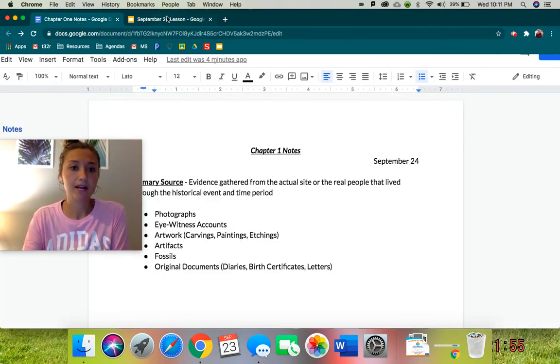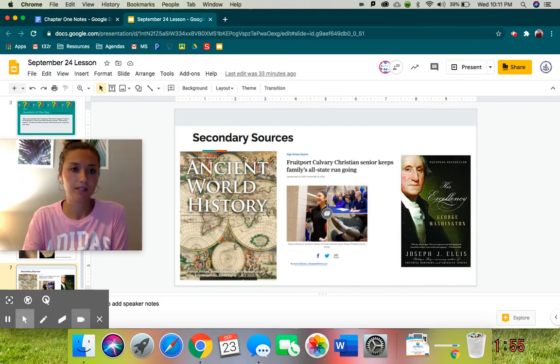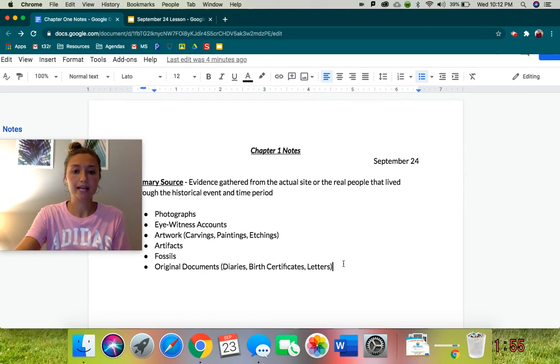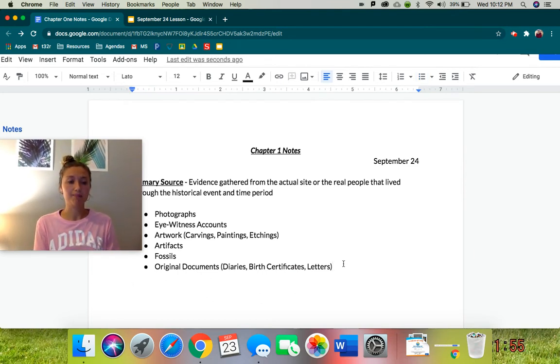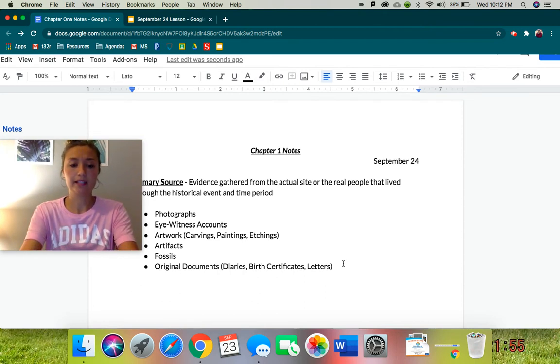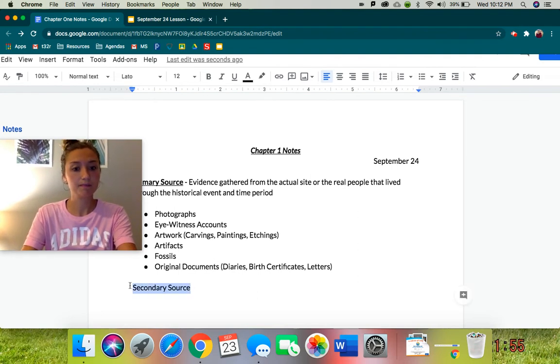And now we're going to talk about secondary sources. So go ahead and hit enter. We want a space in between our examples and secondary sources. All right, and let's go ahead and type secondary source. And what are we going to do with this term? Bold and underline.